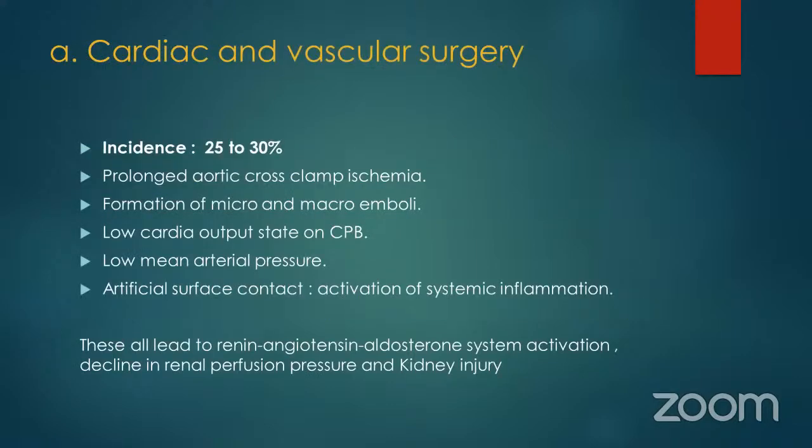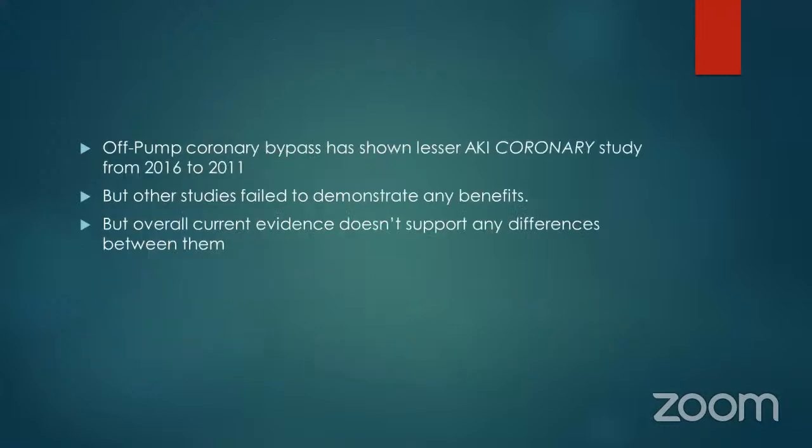In cardiac and vascular surgery, the incidence of AKI is around 20 to 30% due to prolonged aortic cross-clamp, formation of micro and macro emboli, low mean arterial pressure, and low cardiac output related to CPB. There is also the contribution of artificial surface contact, which leads to activation of systemic inflammation. These all lead to renin-angiotensin-aldosterone activation and declining regional perfusion pressure, leading to acute kidney injury. There is an off-pump versus on-pump study going on.